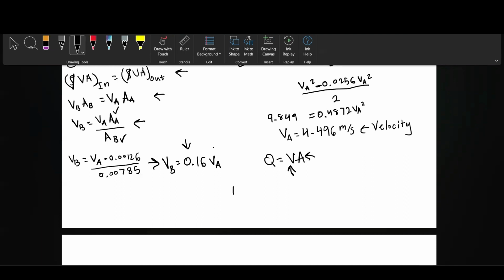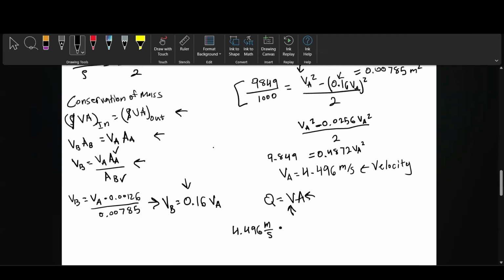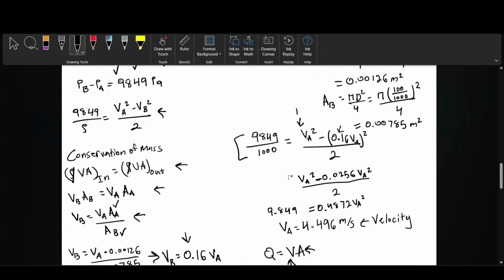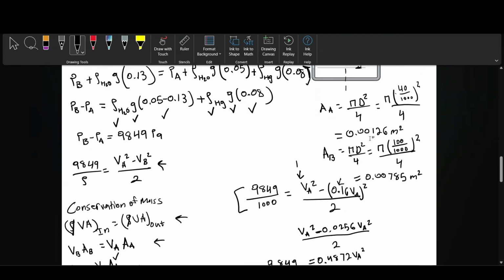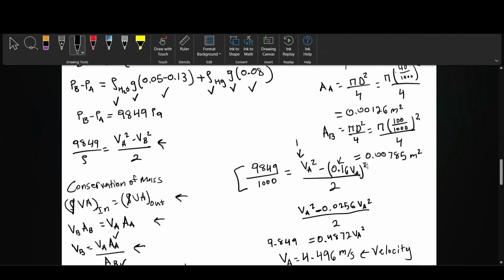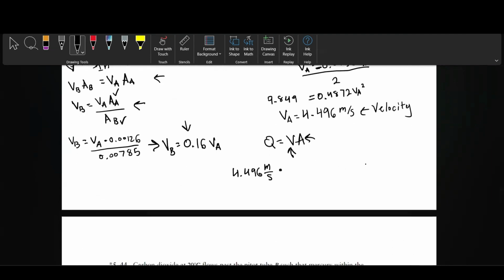So that's going to be 4.496 meters per second times the area at A. So don't do area at B. We found the velocity at A, so just use the area at A. So that's going to be 0.00126.